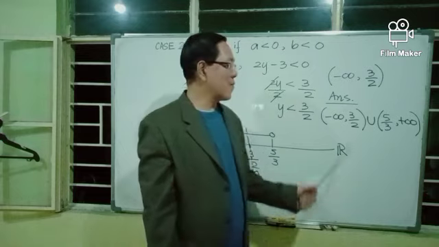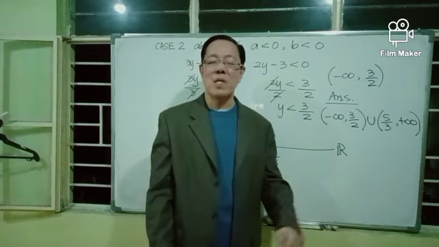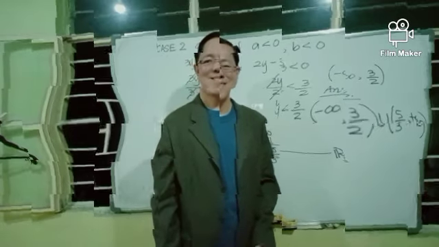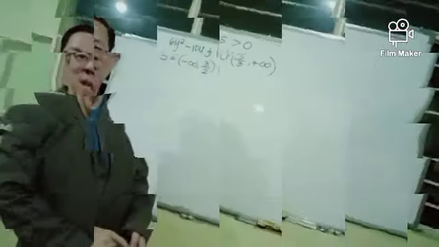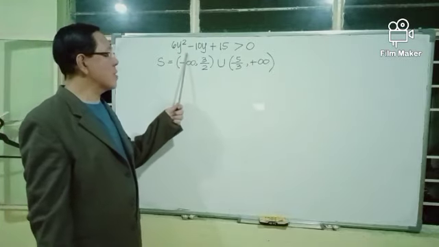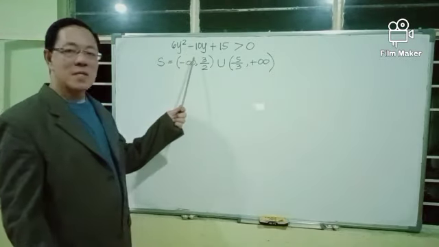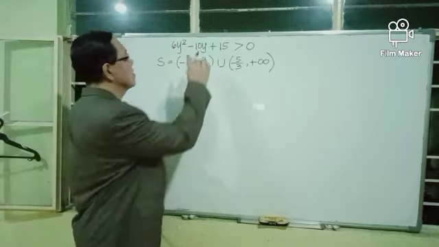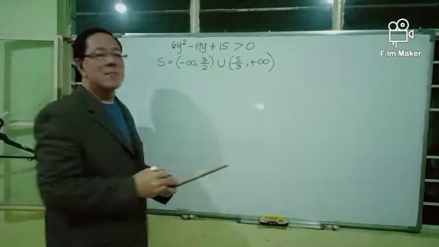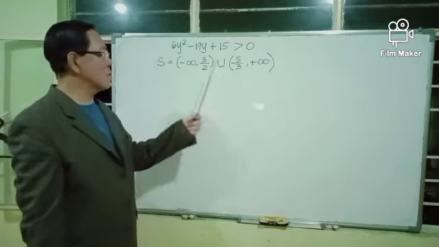Now we will check if this solution of the given quadratic inequality is correct. Again, the given quadratic inequality is 6y squared minus 19y plus 15 greater than 0.